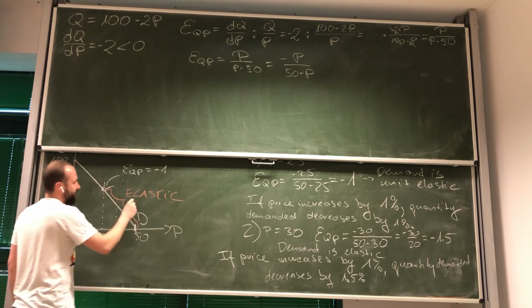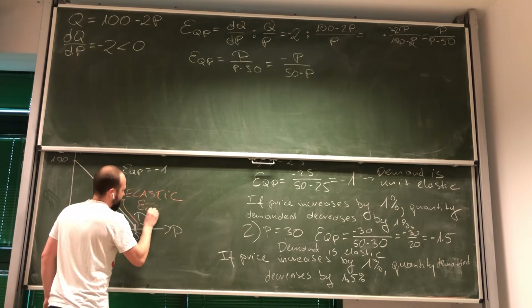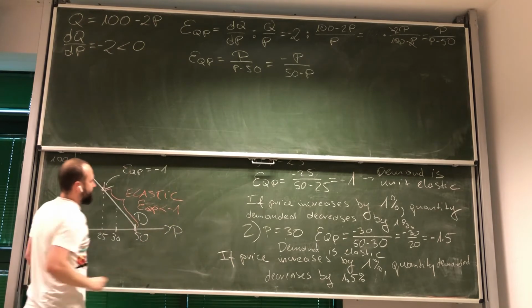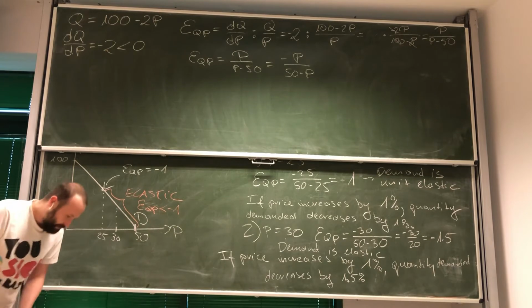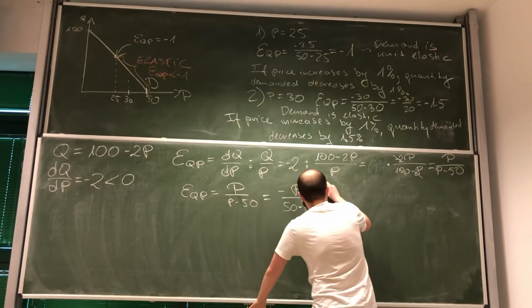This is the elastic part. Here, the price elasticity of demand is lower than -1.